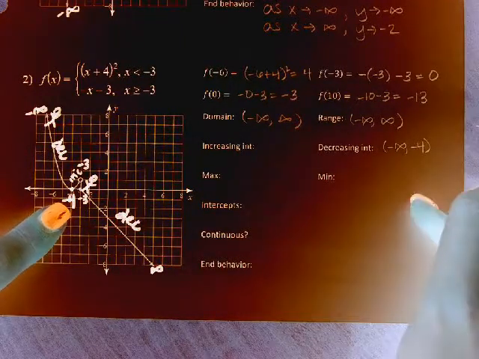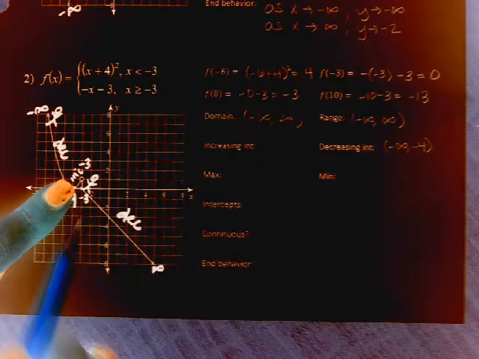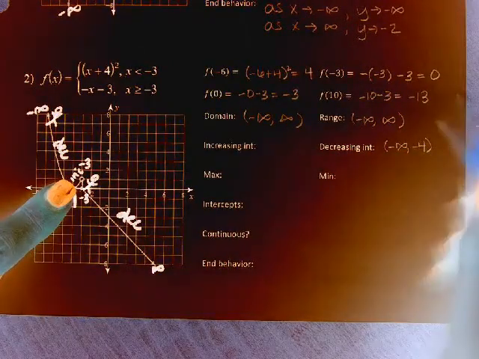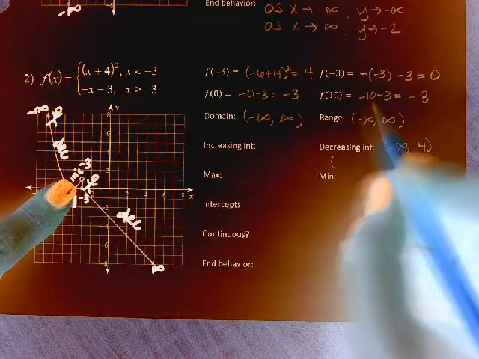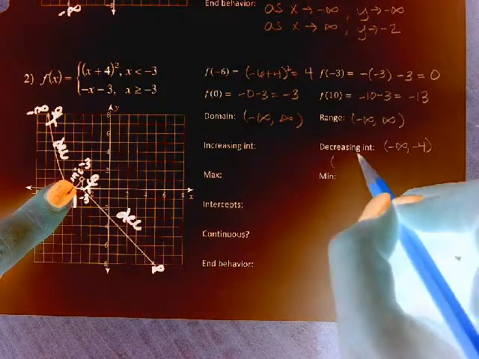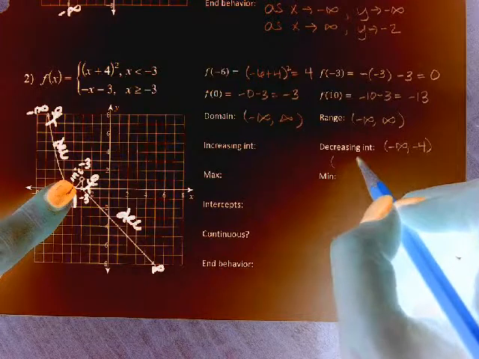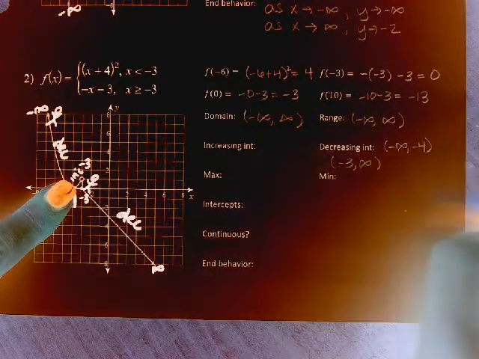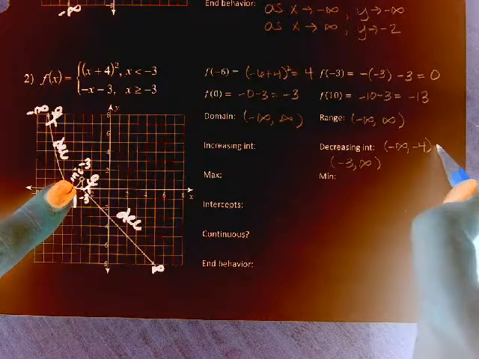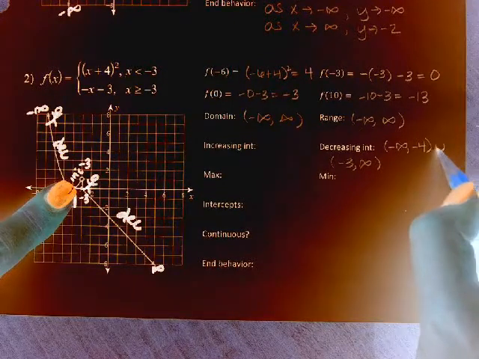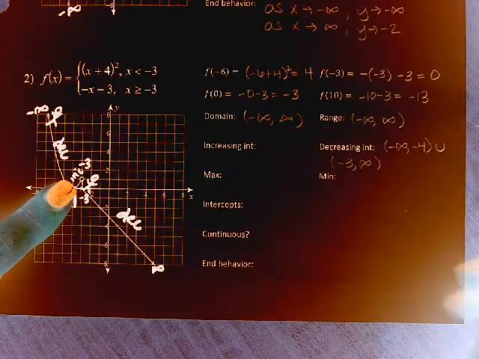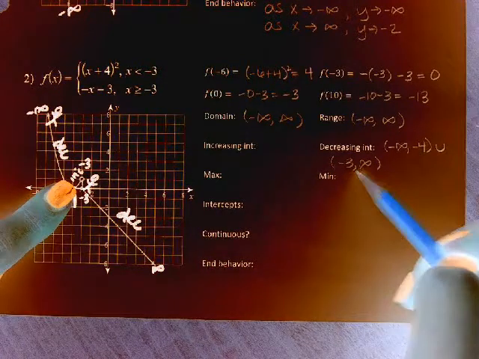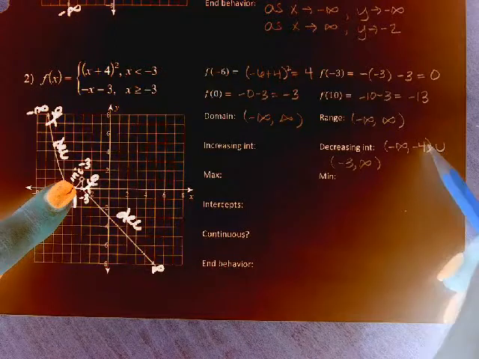And then his other decreasing is this straight line right here, so what should I put for that one? Okay. And anytime I have two answers at the same time, I put a U in between. It means union. I'm telling the person looking at my paper, you can't just say it's one answer or the other answer. It's both of them at the same time. You have to include both.